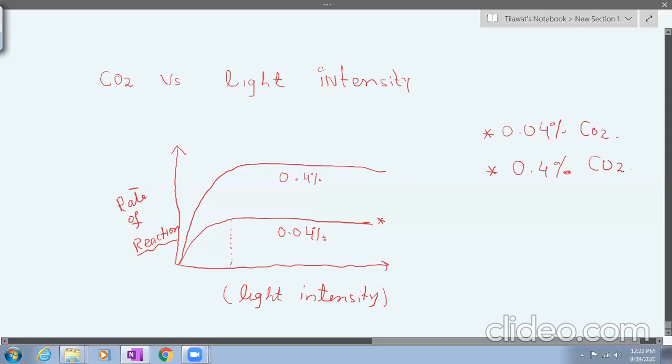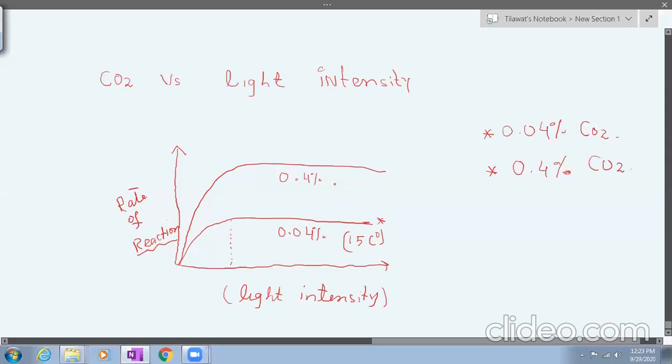Now, another experiment you can perform is to check the effect of temperature also. For these two experiments, for this first one, let's suppose I kept the temperature at 15 degrees Celsius. Now I'm comparing another factor.